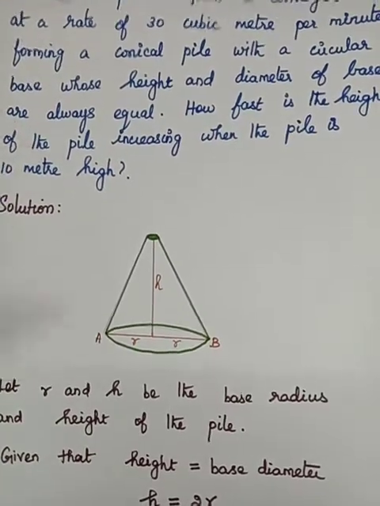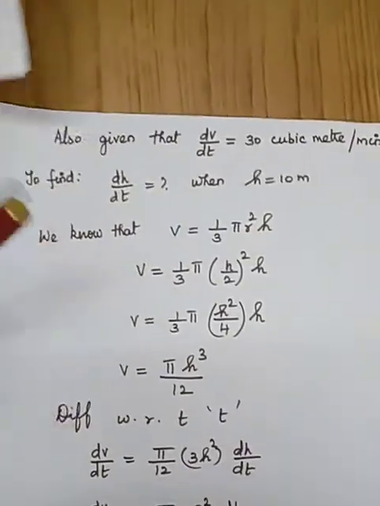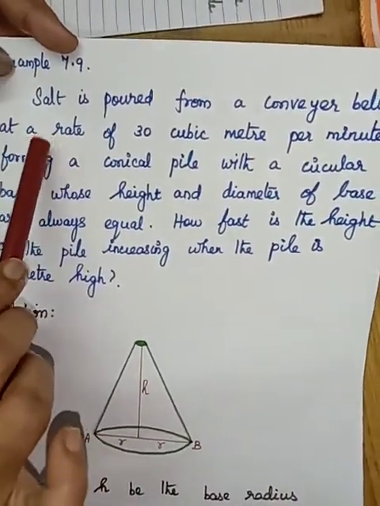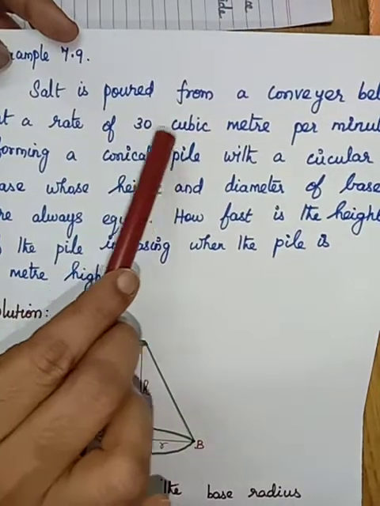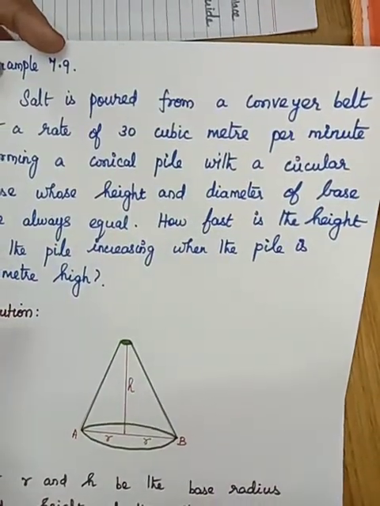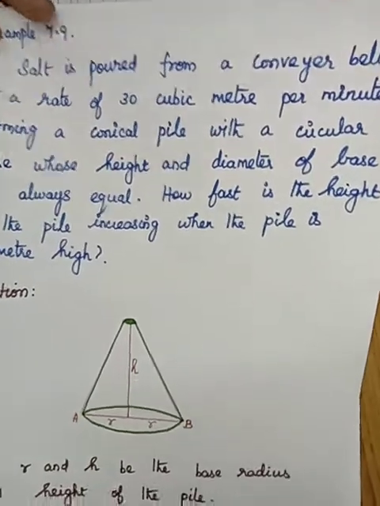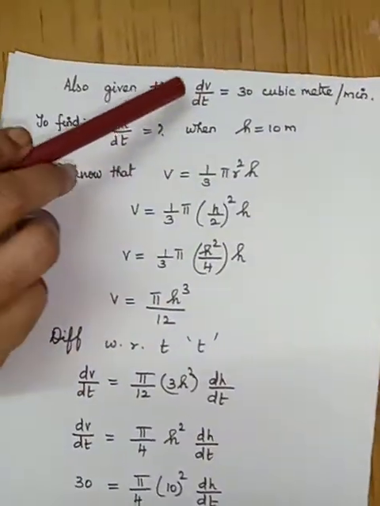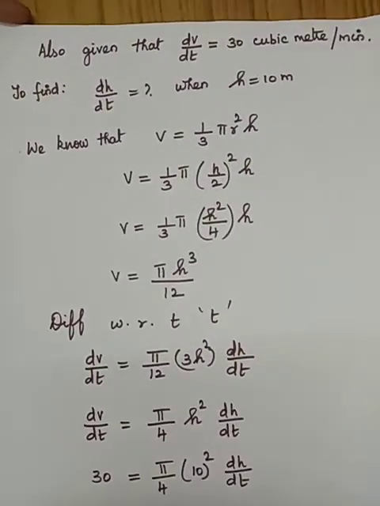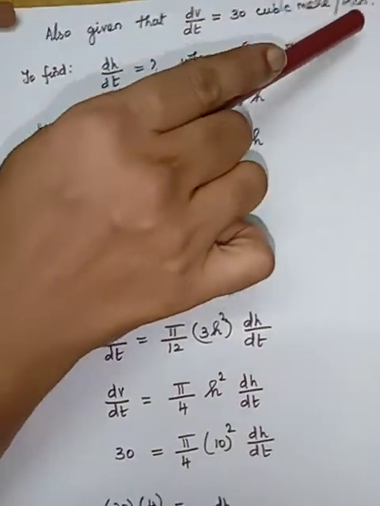What is also given? The salt is poured at a rate of 30 cubic meter per minute. So it is regarding the volume of the salt. If we denote volume V, then dV by dt is equal to 30 cubic meter per minute.